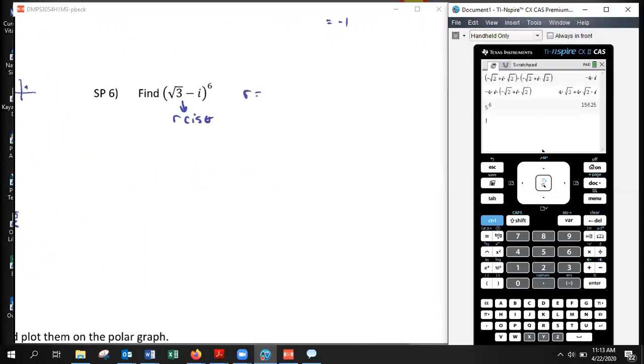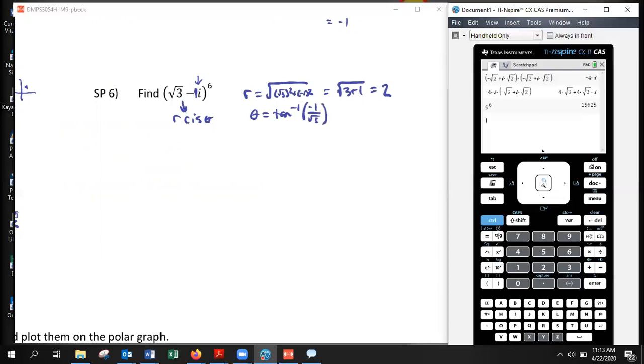So our radius is going to be the square root of square root of 3 squared plus -1 squared. Remember, we're not squaring the i, we're squaring the y value. That's a common mistake that students make. So this would be the square root of 3 plus 1, or 2 again. And our argument, our theta, is going to be the inverse tangent of y over x.